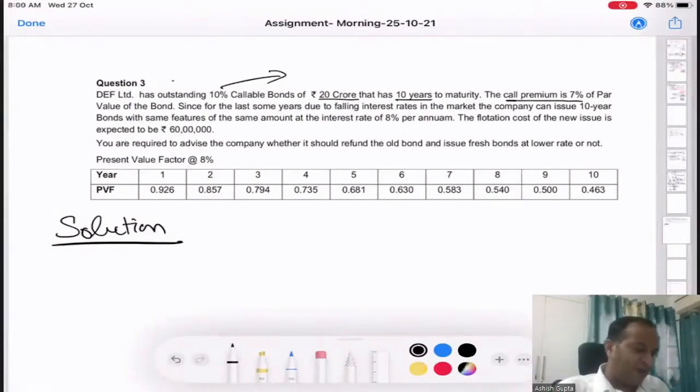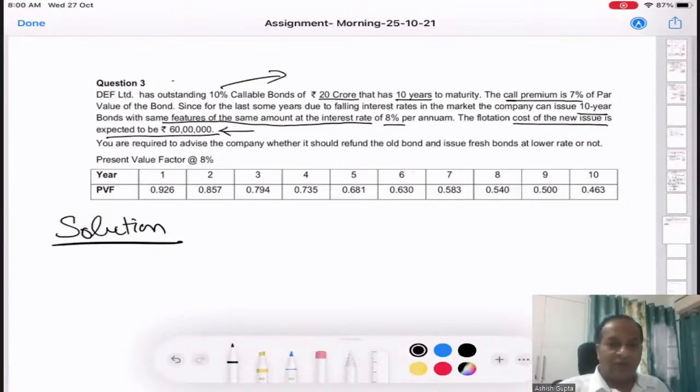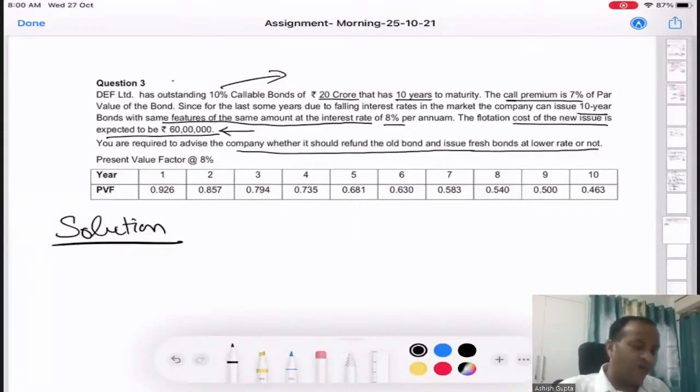I will explain what call premium is. Since interest rates in the market have been falling for the last few years, the company can issue 10-year bonds, the same tenure and same features, at an interest rate of 8%. The flotation cost of the new issue is expected to be 60 lakh. Should you advise the company whether it should refund the bond and issue fresh bonds at a lower rate or not? Now let us see.